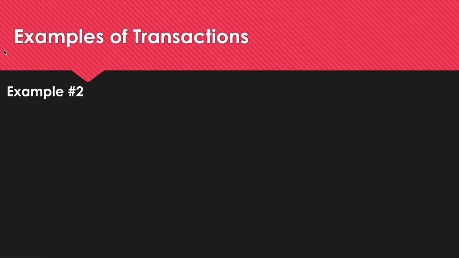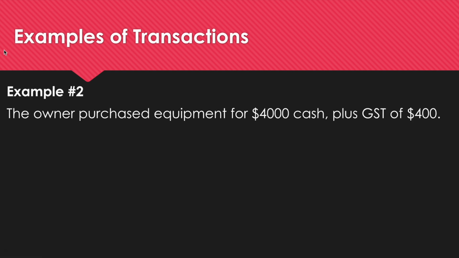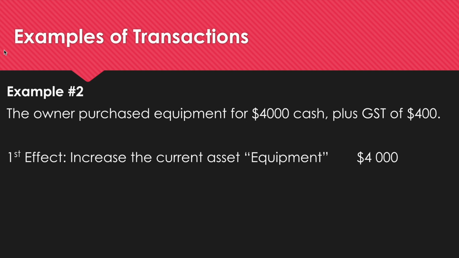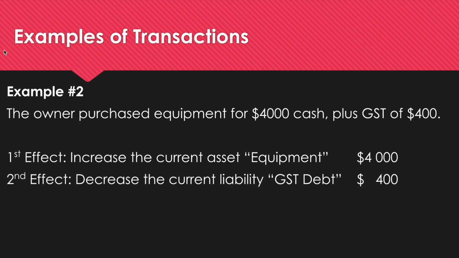So let's look at the second example. The owner purchased equipment for $4,000 in cash plus GST of 400. The first effect is an increase in the current asset of equipment, so the left side is increased by 4,000. Now, when GST comes in, we have more than two effects.